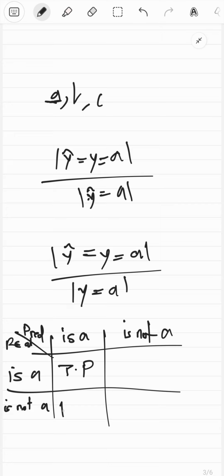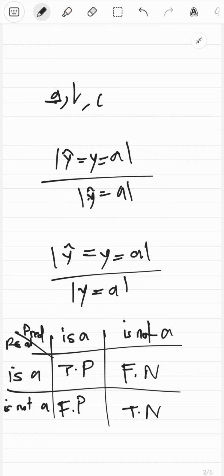If it's false, we say it's a false positive, as in a false alarm. And over here you have a true negative, and this is a false negative, as in you predicted a negative but it was falsely predicted. So that's the confusion matrix.